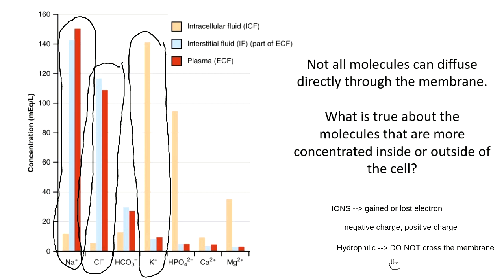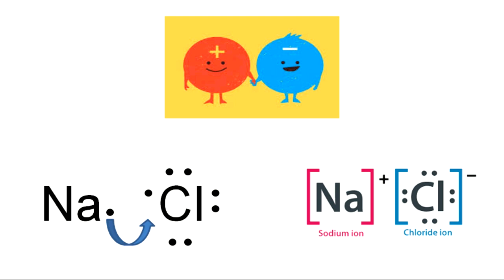So let's talk briefly about how I make these ions. We make ions, like Mary mentioned, by moving electrons. Here's a little dot that represents an electron.